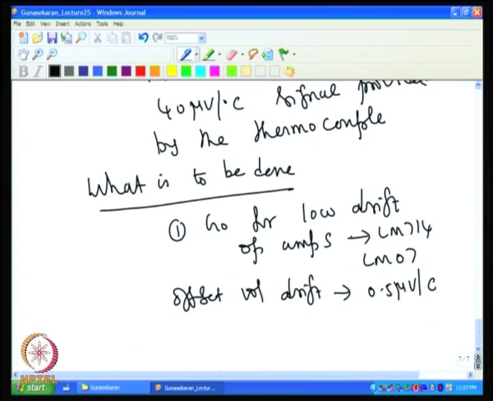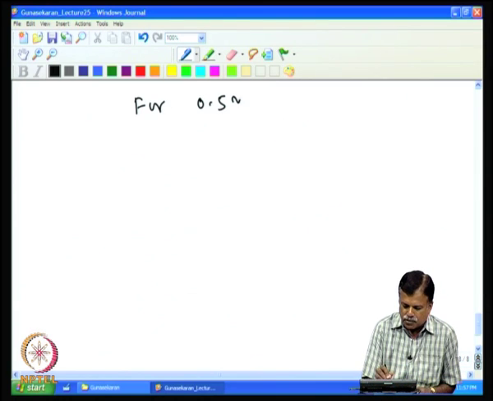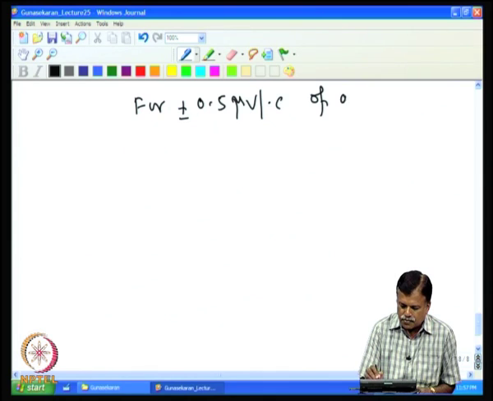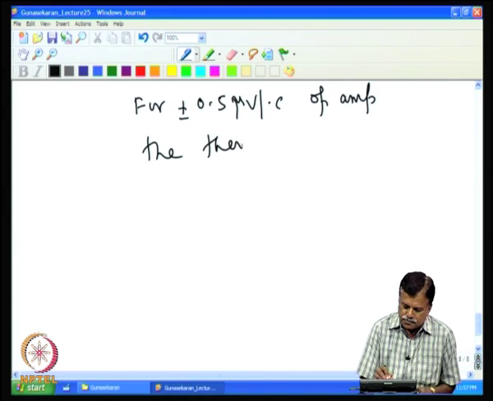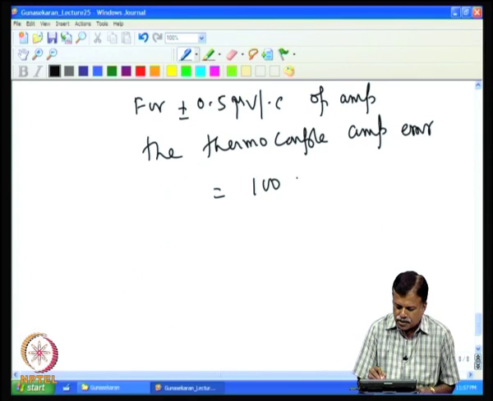So, if I had used this, then for 100 degree variation, the total input drift would have been only 50 microvolt. For a 0.5 microvolt per degree C op amp, the thermocouple amplifier error is equal to 100 degree ambient temperature variation into 0.5 microvolt.